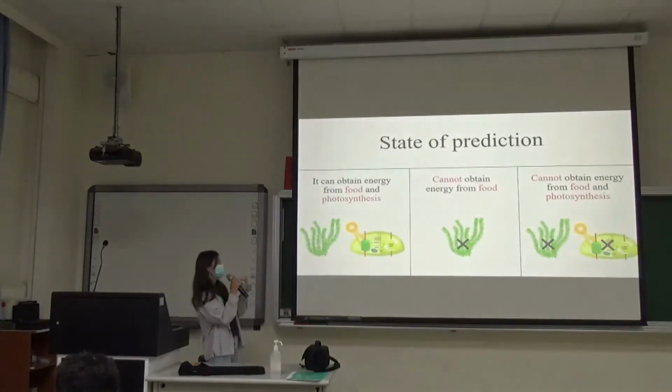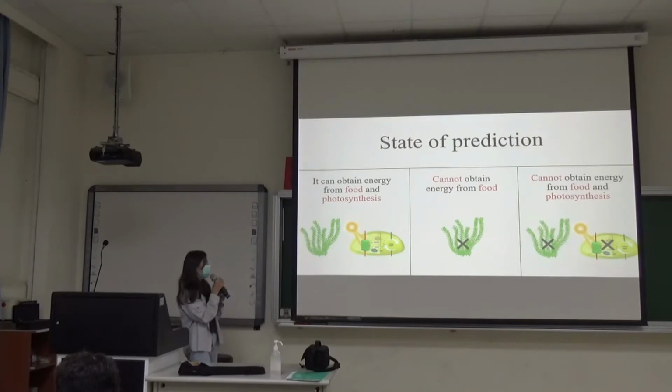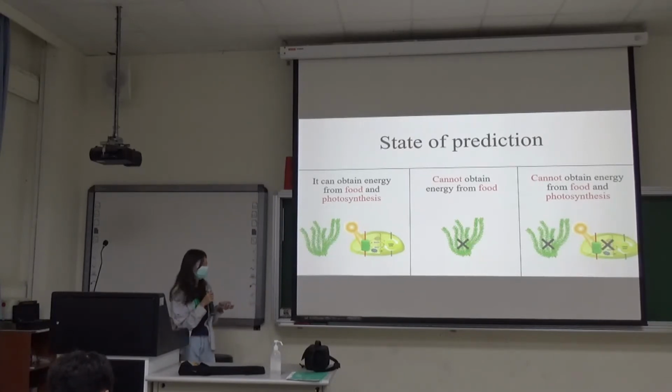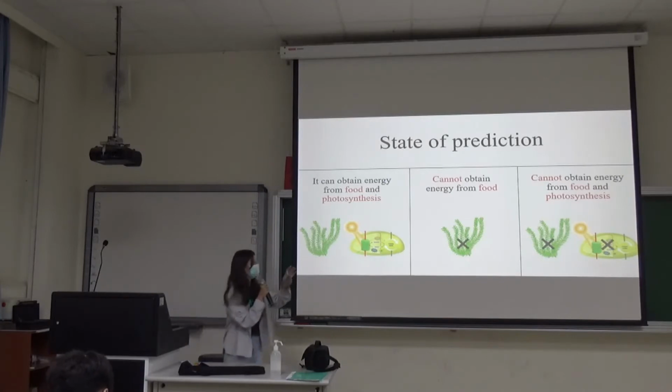Then I divided our prediction into 3 parts. First, it can obtain energy from food and photosynthesis. Second, it cannot obtain energy from food. Third, it cannot obtain energy from food and photosynthesis. This is because in the third stage, the starved individuals start to lose chloroplasts.